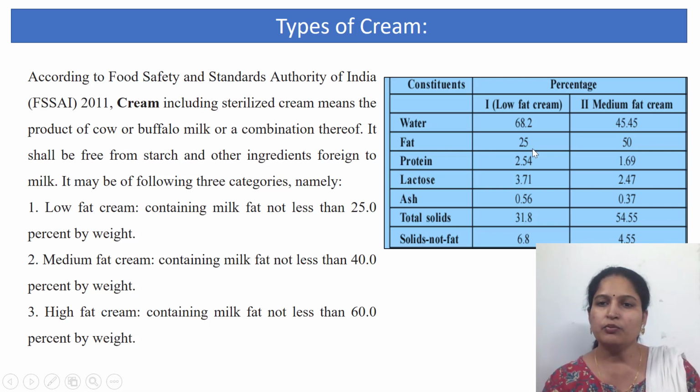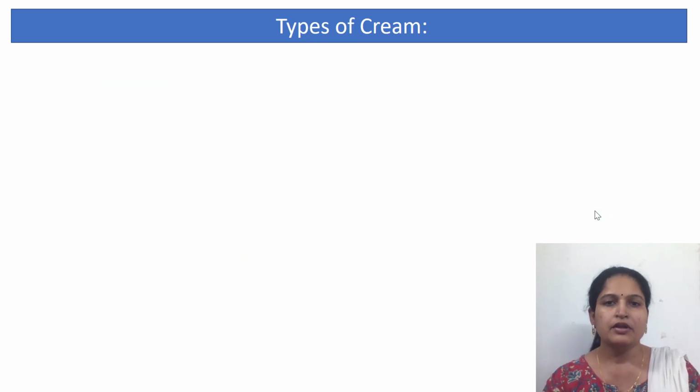Talking about the fat composition, here fat is 25% and here fat is 50%. The rest of the constituents like protein, lactose, total solids and solids non-fat are almost similar, but the major difference lies in the content of water and fat.